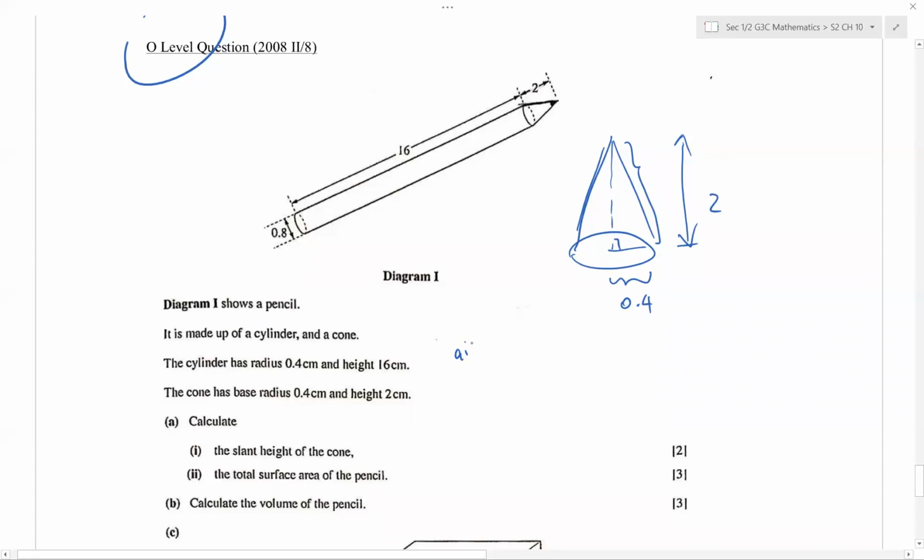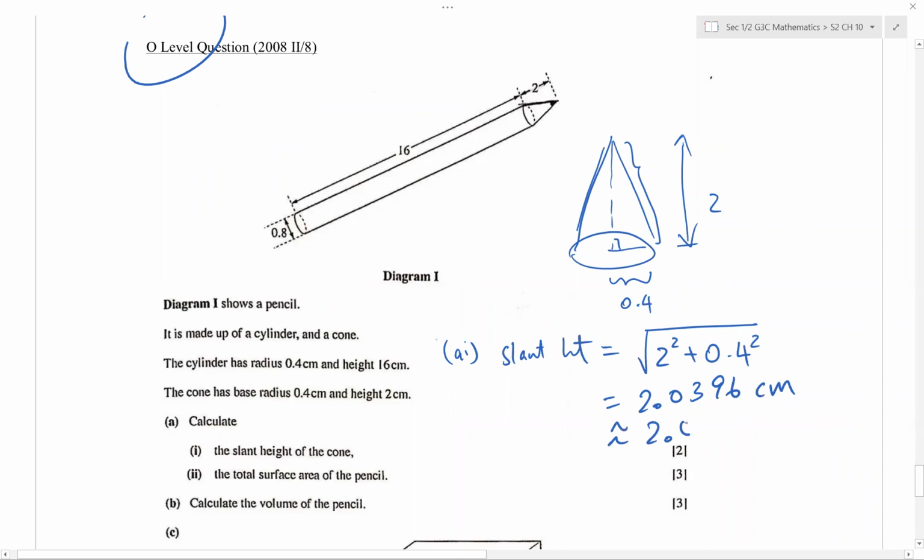So A part 1, slant height will be square root of 2 square plus 0.4 square. Okay, all in cm. So 4 plus 0.4 square. So we get 2.0396 cm. Round off to 3SF, 2.04 cm. That will be the slant height.